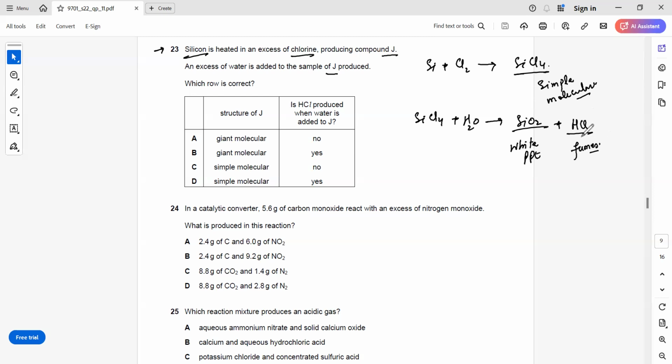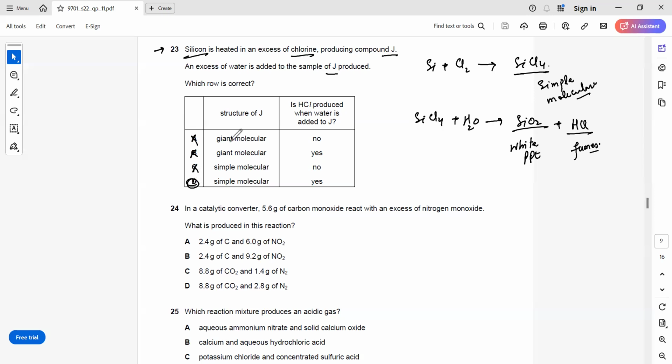So what are they asking about J? The structure of J, which type of structure it has? Giant molecular or simple? No, it's simple molecular. And is HCl produced? Yes, I have discussed already. It will produce HCl. So option D.